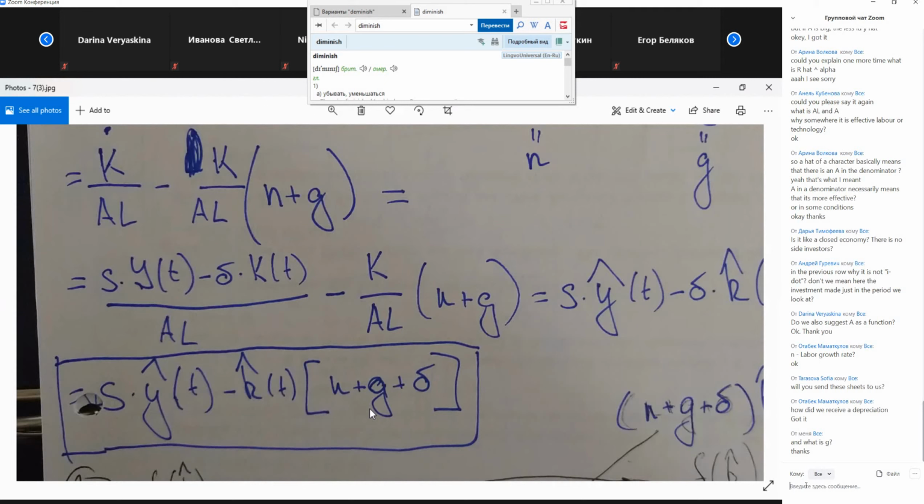It tells us that you need to provide them with more and more capital so that they can keep being efficient.